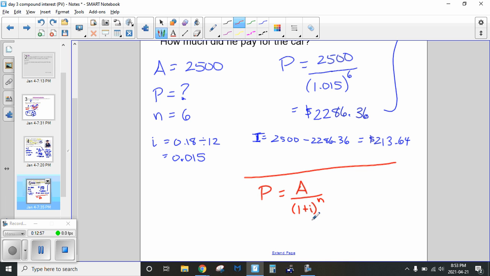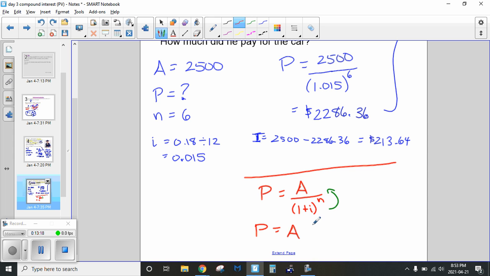A fraction that has a positive exponent, we can change that by using a negative exponent. So if I want to move the bottom to the top, the denominator to the numerator, I'm going to have to change the sign of the exponent.